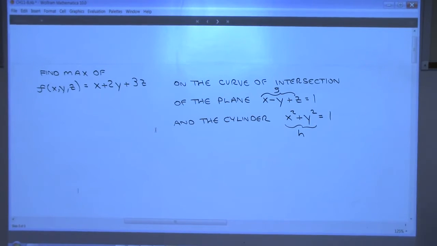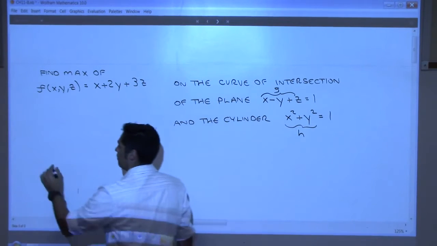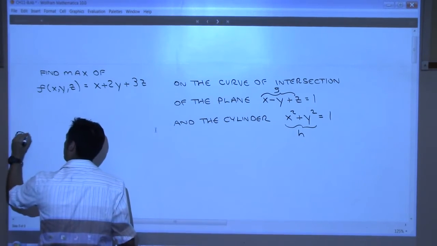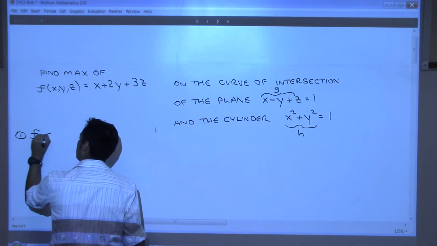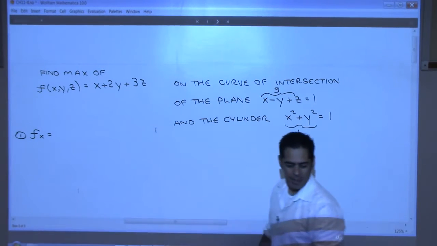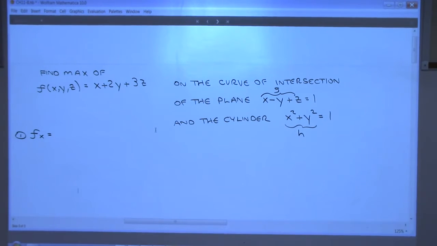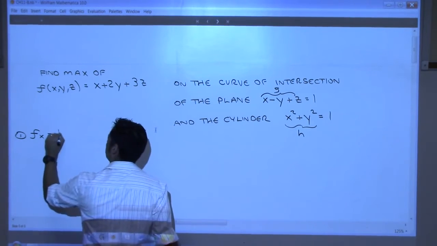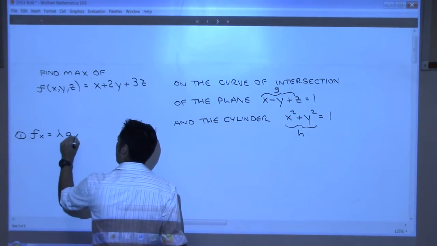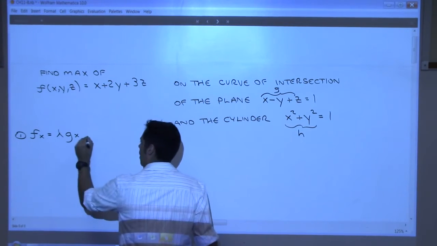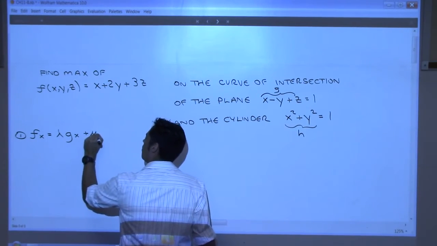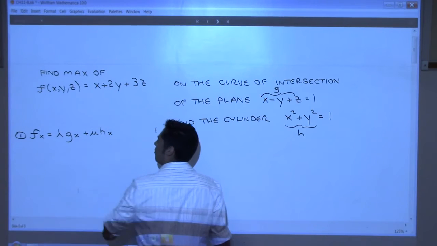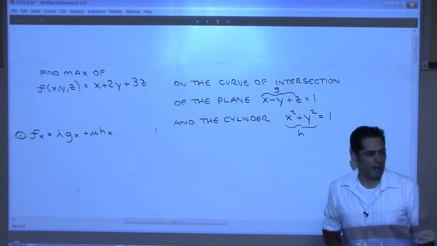And so let me write down my equations. The first one, I need the partial of f with respect to x to be equal to lambda partial g with respect to x plus mu partial h with respect to x. That's the first equation I'm going to have.